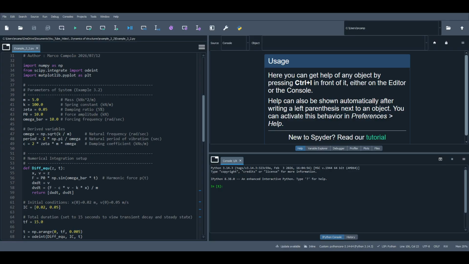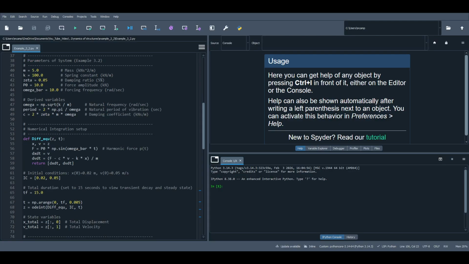F calculates the current value of the external vibrating force at the time. dx/dt is equal to v, the first equation, the derivative of displacement, so the velocity. dv/dt is the second equation, the derivative of velocity. Acceleration is calculated by rearranging the equation of motion to solve for the acceleration, and we return these two variables, the velocity and the acceleration.